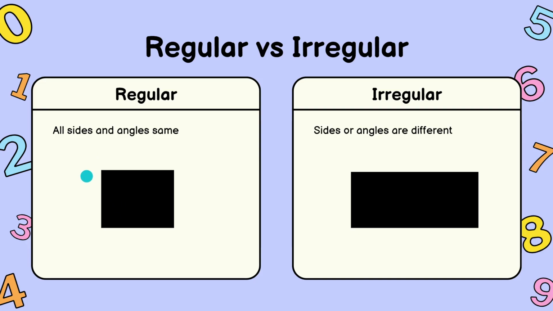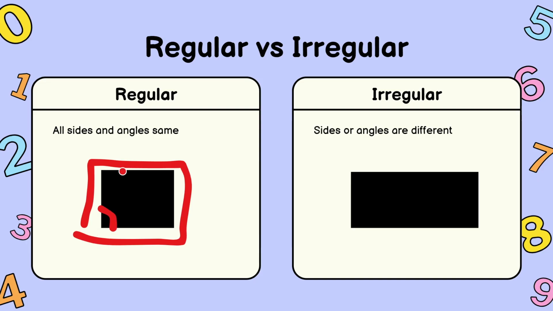Each side is equal and each angle is identical. So this side and this side and this side and this side, they are all equal. This angle, this angle, this angle, and this angle, they are all identical, they are all equal. So we call this shape a regular polygon.